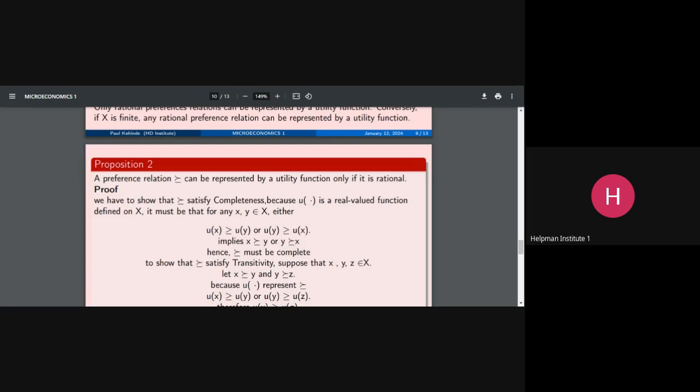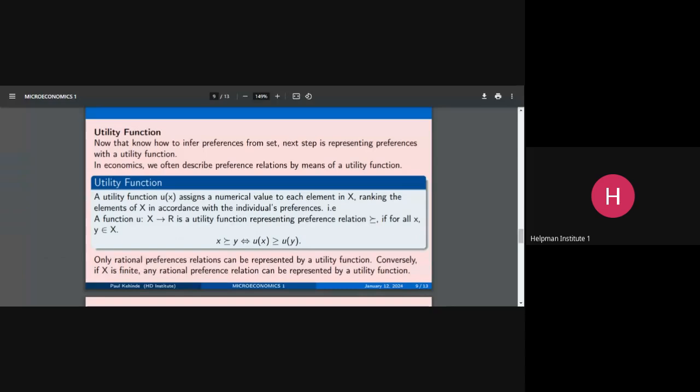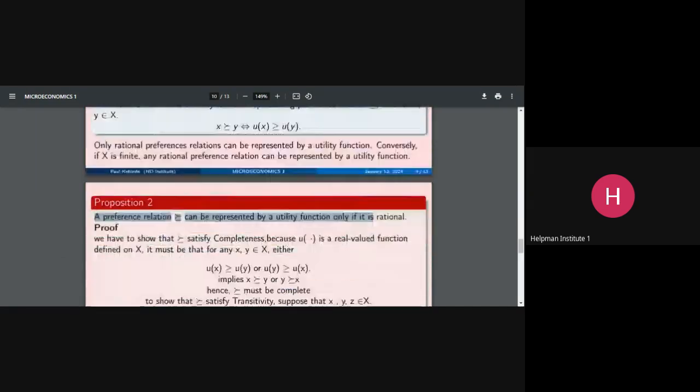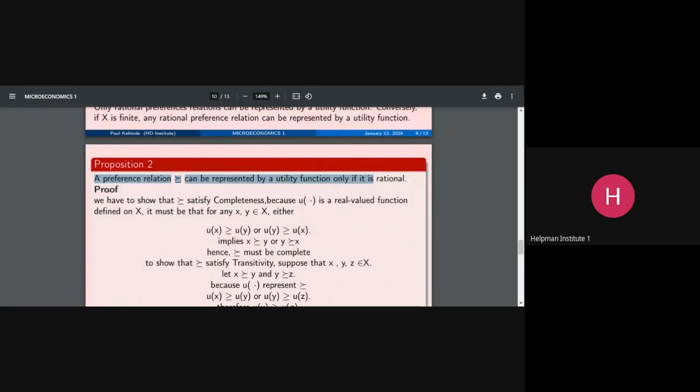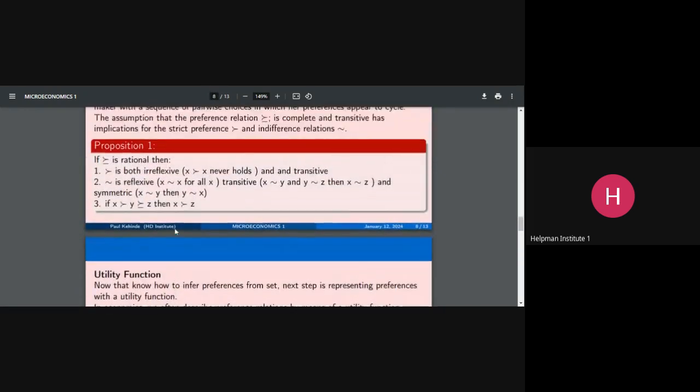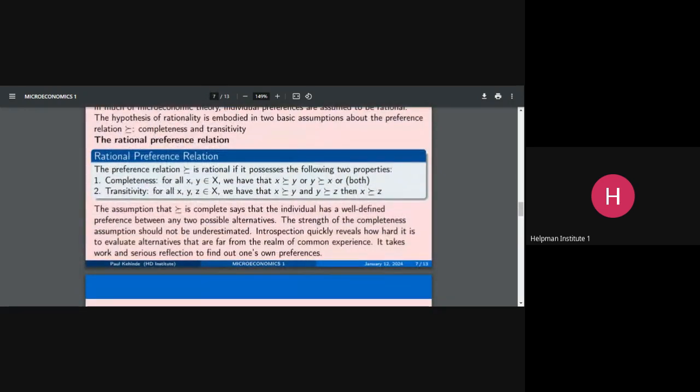So the proposition says a preference relation can be represented by a utility function only if it is rational. I'm just repeating this sentence here. Now let's see the proof. The proof is based on those assumptions that we looked at. What are those assumptions? Completeness and transitivity. We said before we can apply a utility function, it must be rational.